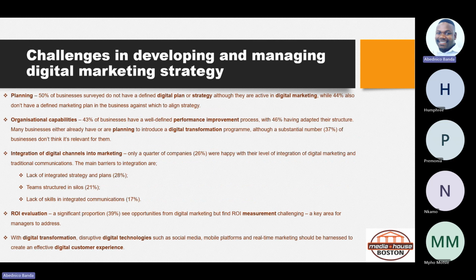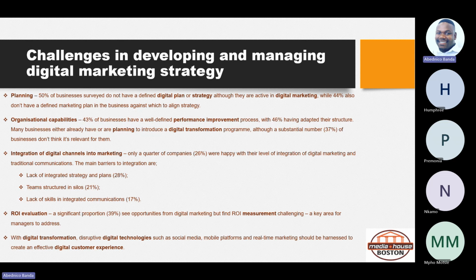Then another challenge for developing and managing digital marketing strategies is that it is always experimental. You'd hear the marketing team saying, let's try this, let's try that. So an experimental rather than a planned approach is taken using e-communications, with poor integration between online and offline marketing communications. And another challenge is planning. 50% of businesses do not have a defined digital plan or strategy, although they are active in digital marketing, while 44% also don't have a defined marketing plan in the business against which to align strategy. Then another one, of course, is organizational capability, not having enough resources.